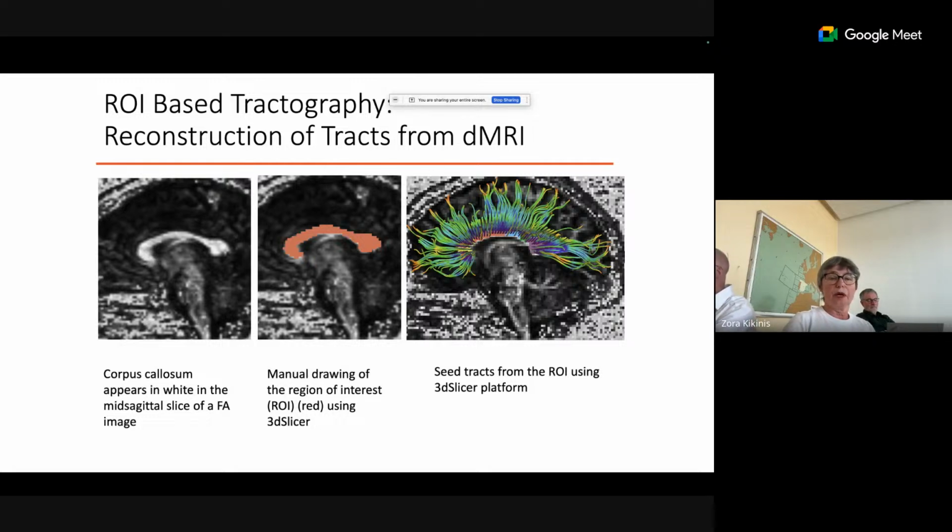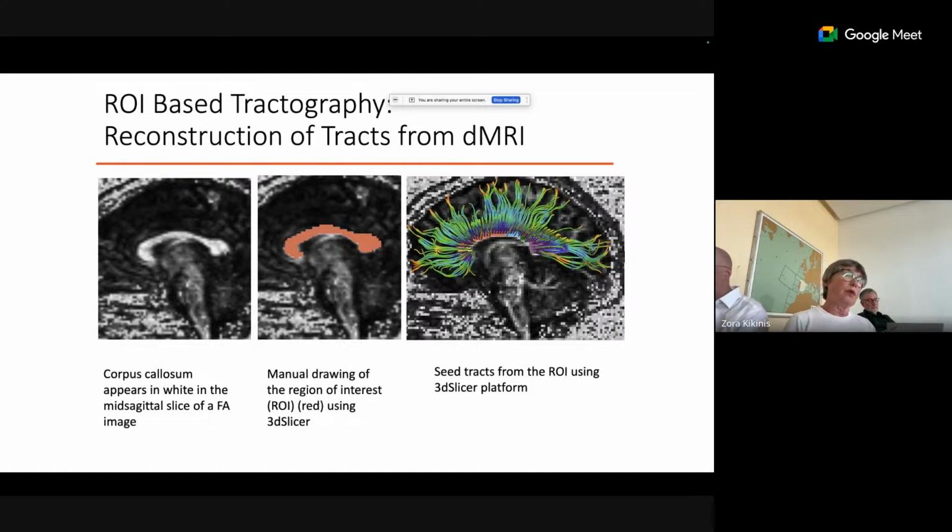You can see it in white. In the middle, the region of interest has been drawn over the corpus callosum. And in the third step, you just see tracks from this region of interest using the 3D Slicer platform.